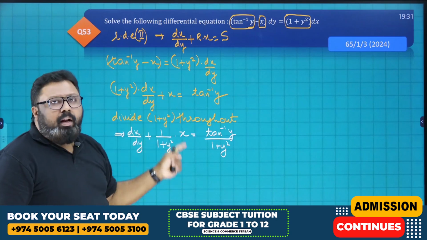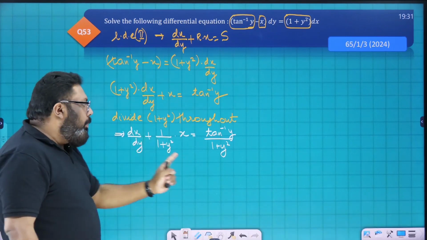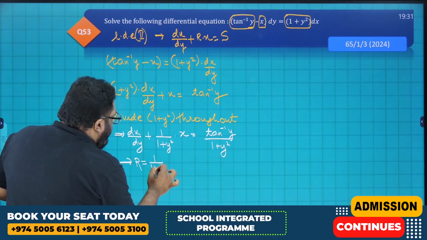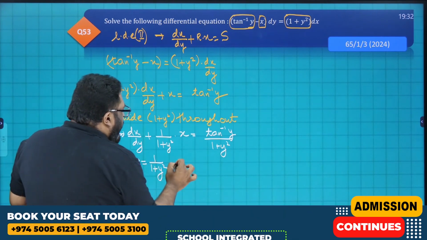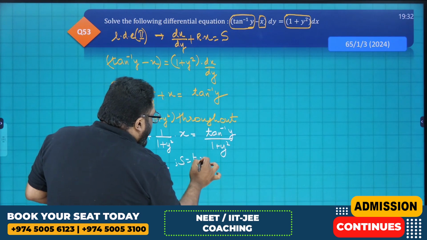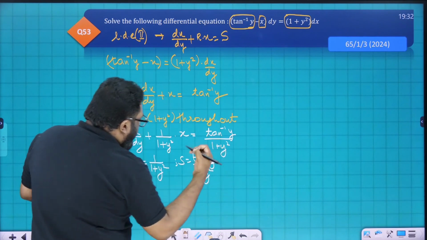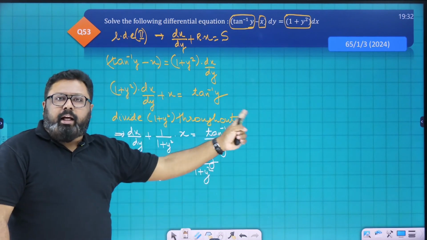Now you can simply compare with the original LDE type 2 form and say the expression is ready. Comparison says r is a function of y and s is also a function of y. So it's going to be a correct equation now for the LDE type 2.